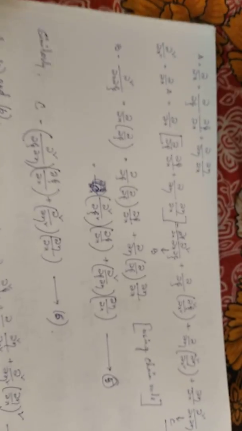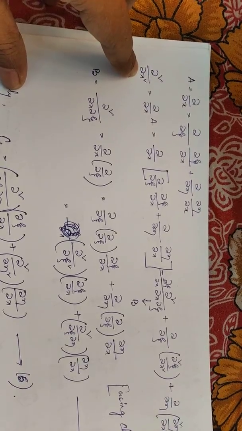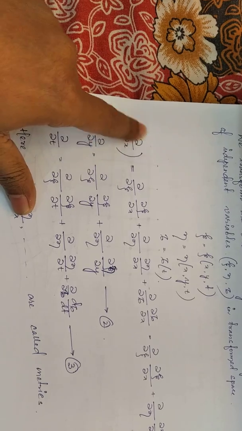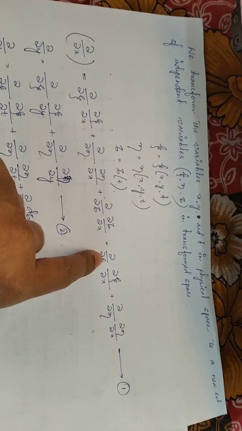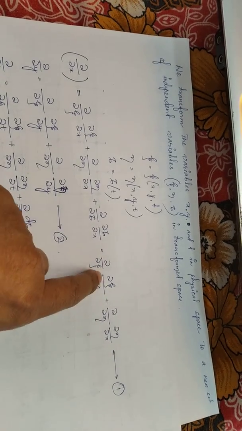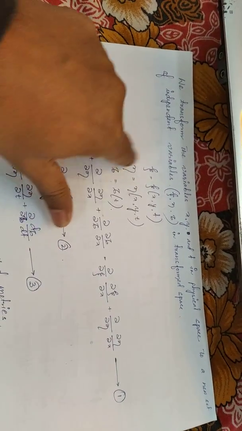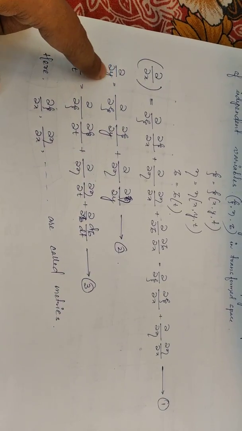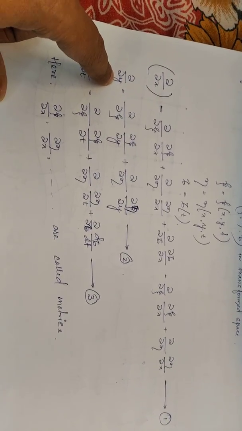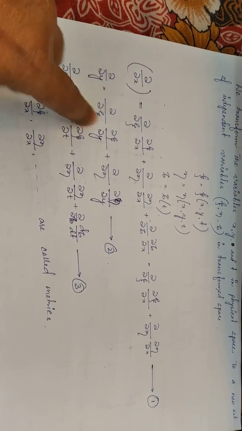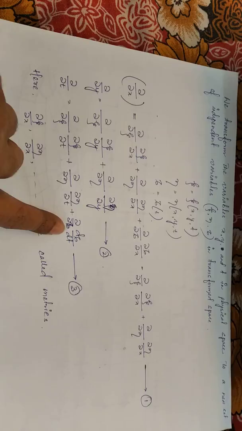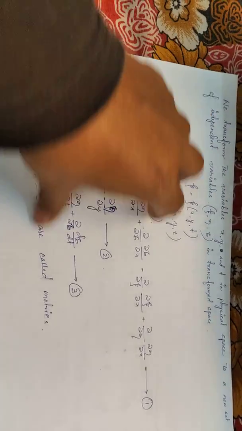First, you see what we have done: we have written del/del x, the differential operator with respect to x, in terms of xi and eta, two new independent variables, and the other parts are known after knowing the transformation.